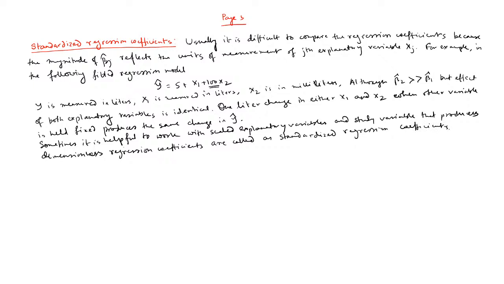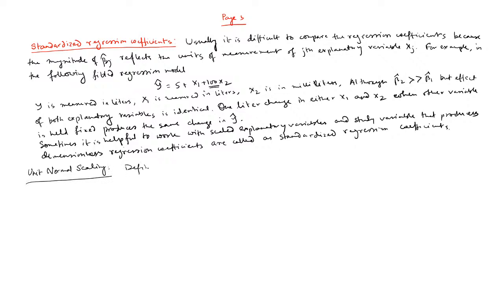There are two methods for standardized regression coefficients. Here I discuss one, that is unit normal scaling, because this is the most common method.